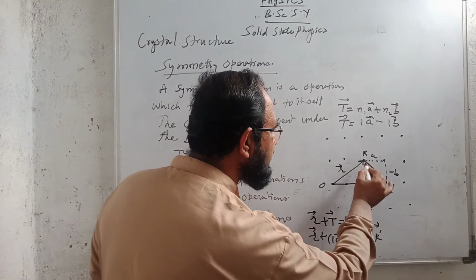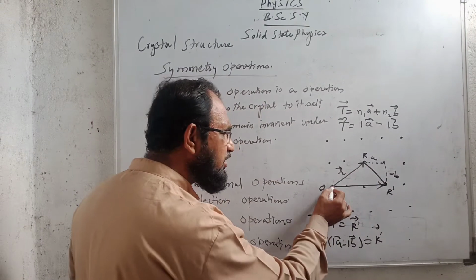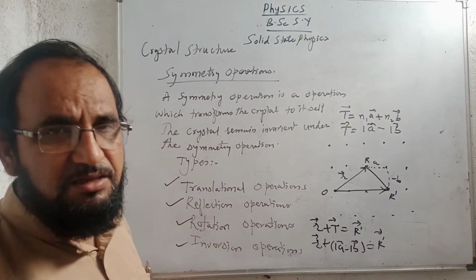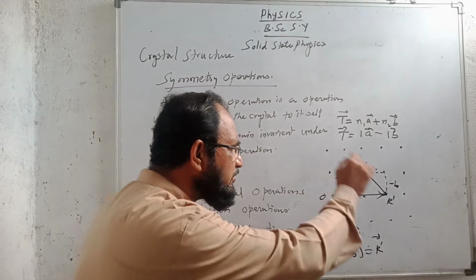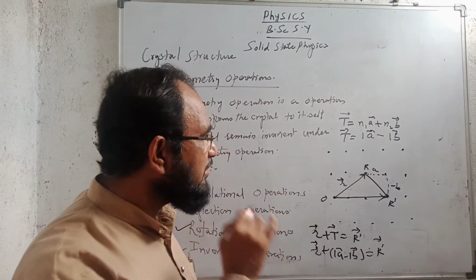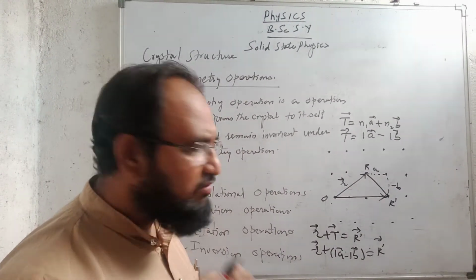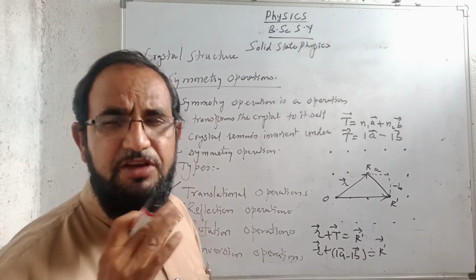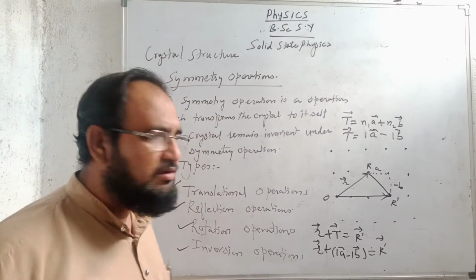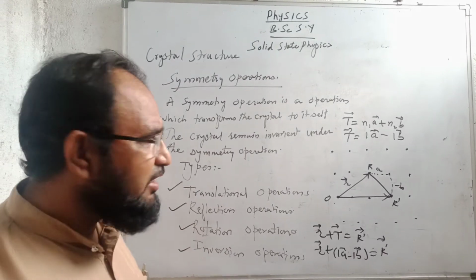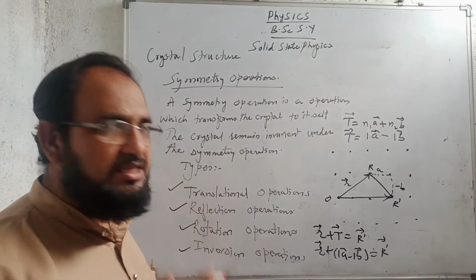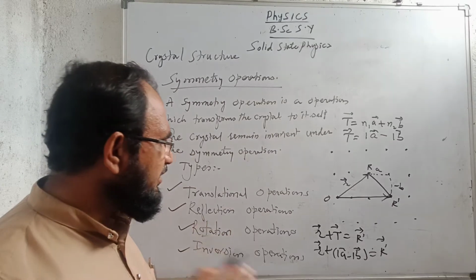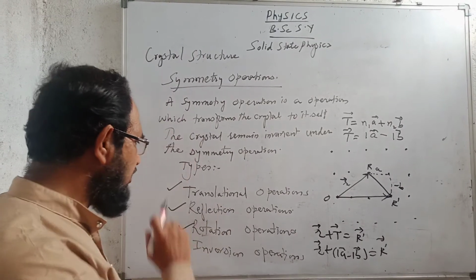It means we have translated this point about this point so that the atmosphere surrounding it, the lattice points surrounding it, remain invariant by using the translation operation. So we can translate in 2 dimensions any lattice point about a given point O or about any given point. So this is the first operation.